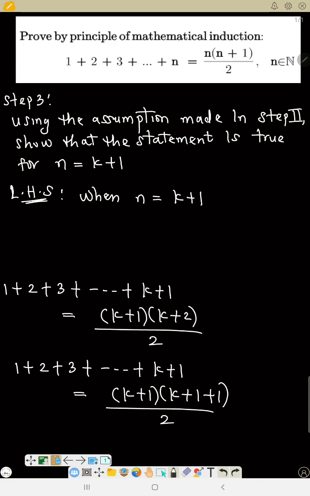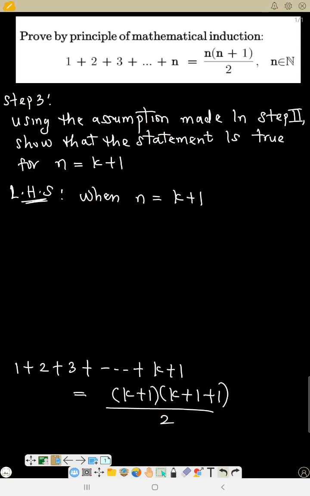So now I'll have 1 plus 2 plus 3 plus, instead of writing k plus 1, I'll write n.